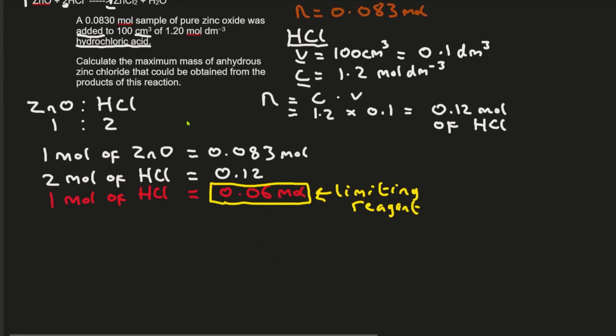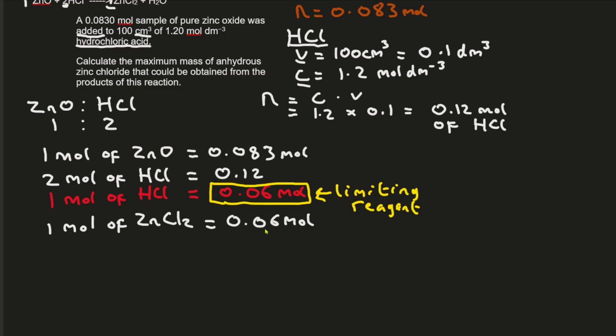So therefore, we have 1 mole of zinc chloride, ZnCl2. Now it's important here to recognize that we have a 1:1 ratio between our HCl and our zinc chloride. So if you've seen that in the equation, you have to be ready to understand that we've also got 0.06 mole of zinc chloride.